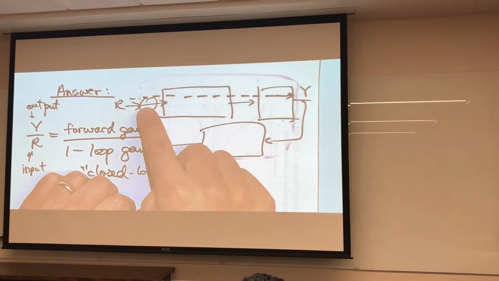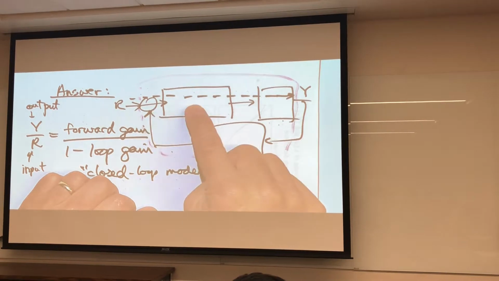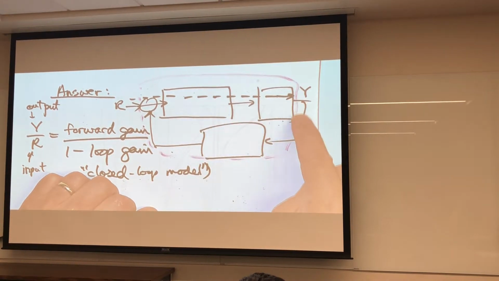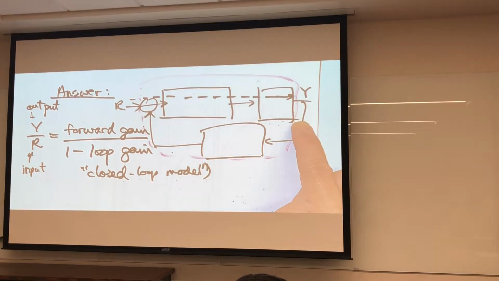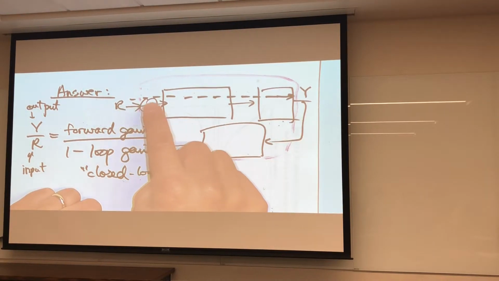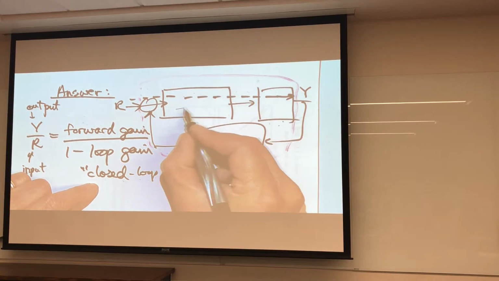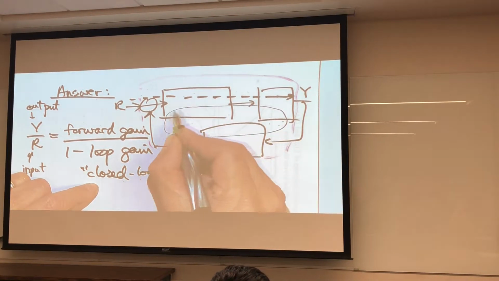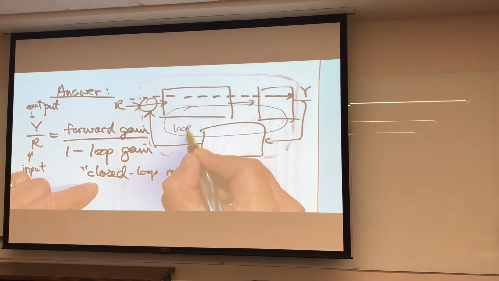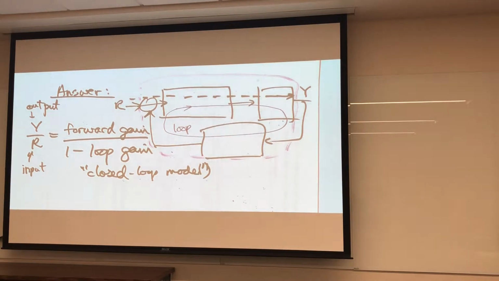This gain is gain of 1, maybe it has a minus sign. This is a gain, this is a gain. Multiply them all together, I get back here. I've gone around the loop one time, that's the loop gain. Forward gain is picking up all the gains, multiplying them all together like this. So this is the loop gain. This is the loop. Okay, let's do some examples.